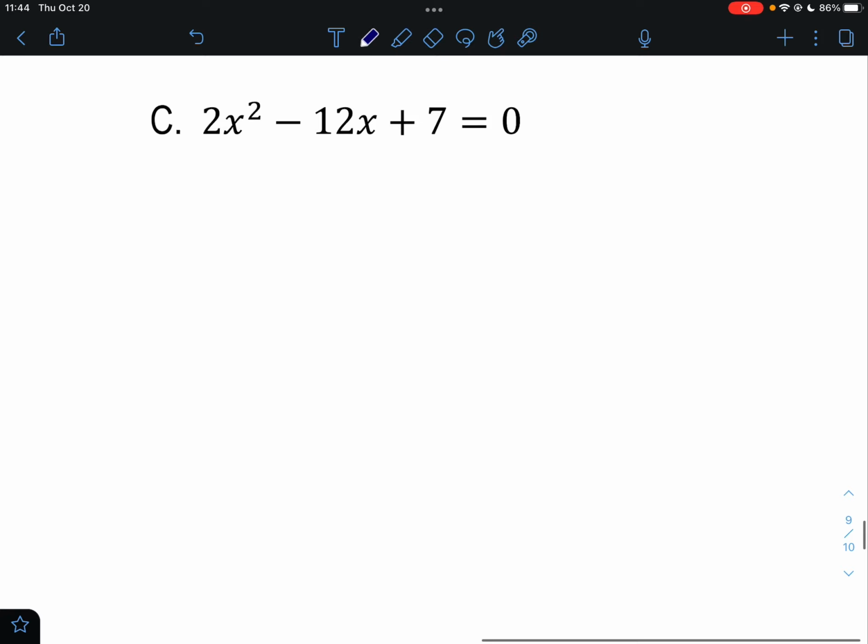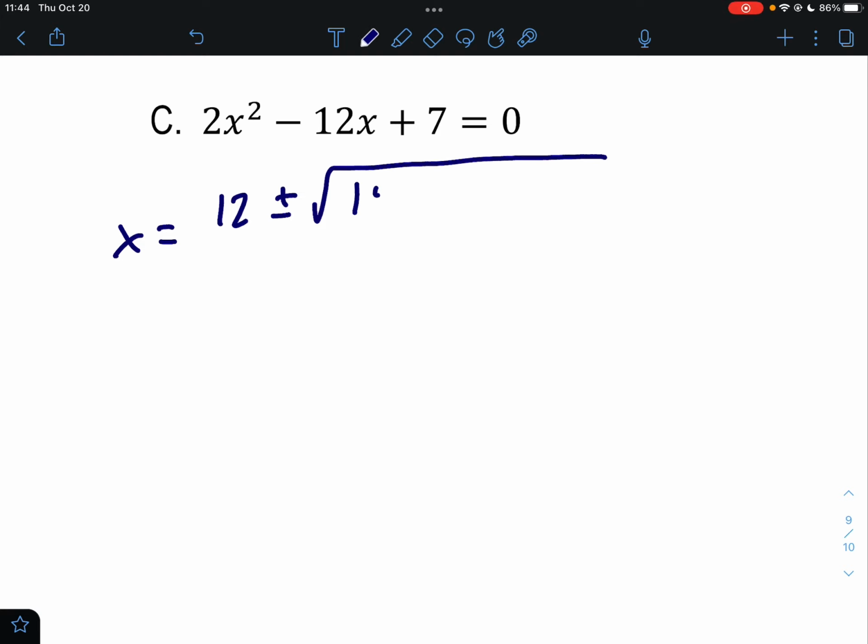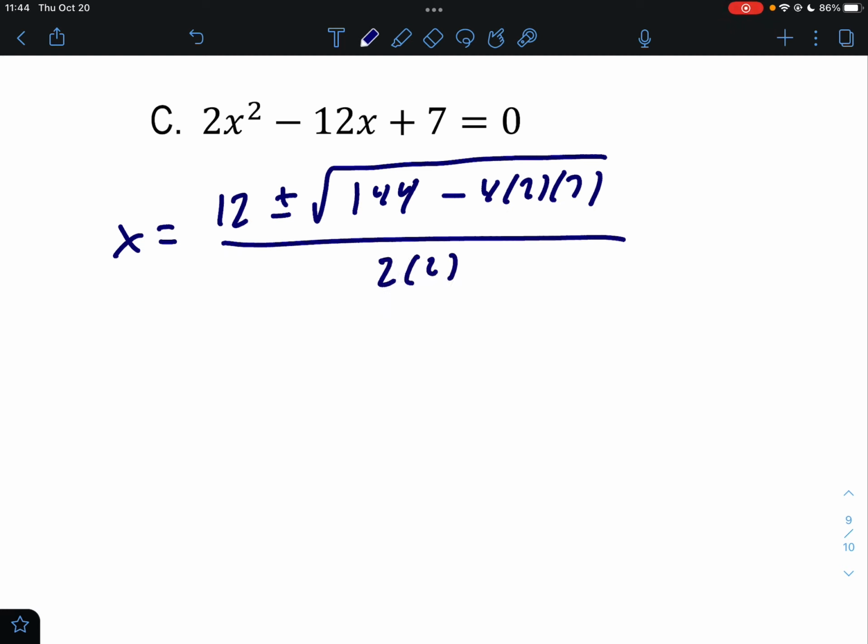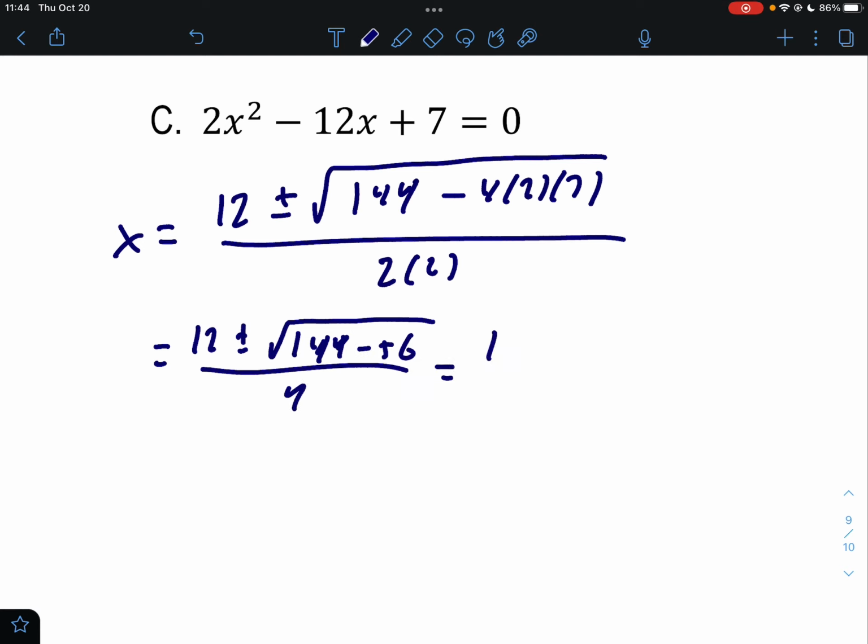And for c, you can either complete the square or use quadratic formula here. Let's use quadratic formula since we haven't yet today. Opposite of b, plus or minus root b squared minus 4 times a times c, over 2a. So 12 plus or minus root 144 minus 56, over 4. And we'll just keep going with this here.